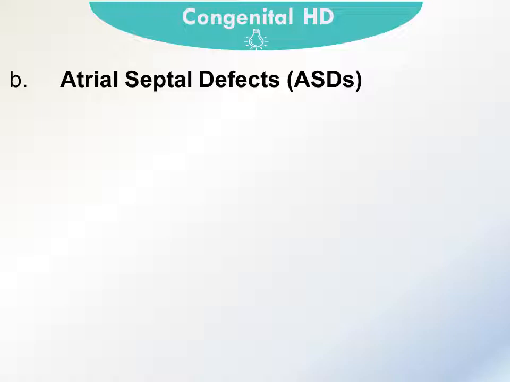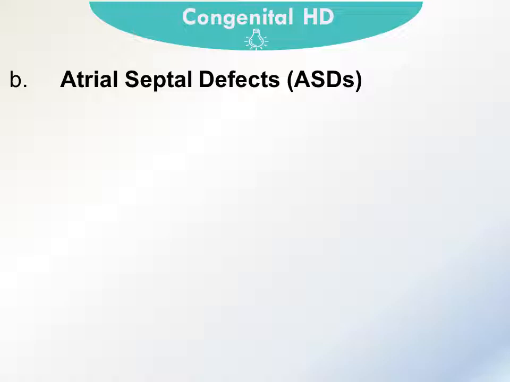So, the atrial septal defect is an abnormal fixed opening in the atrial septum that allows unrestricted blood flow between the atrial chambers. The majority, about 90%, of atrial septal defects are so-called ostium secundum defects, in which growth of the septum secundum is insufficient to occlude the second ostium.